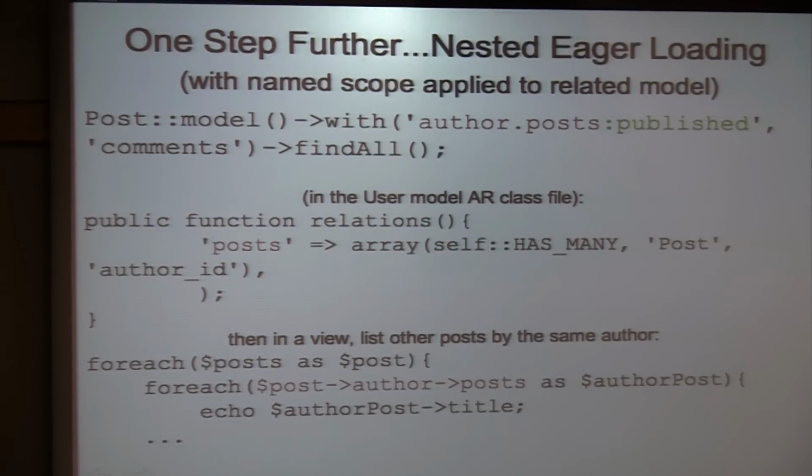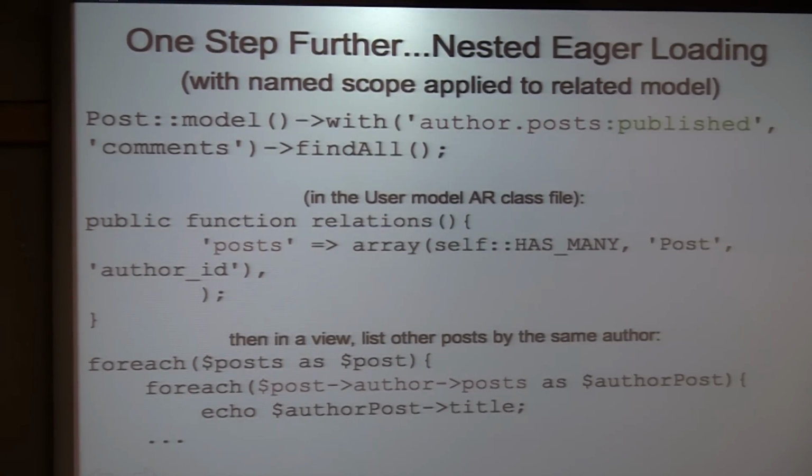And then I wanted to just show you one step further down the road, because I think the API is fun. In this case, we're looking at nested eager loading. So I've basically said I want, up front, to get my posts with my authors, and I want those authors' posts themselves, because they've written the posts, so I might show a list of authors, and then underneath there, all of their posts.